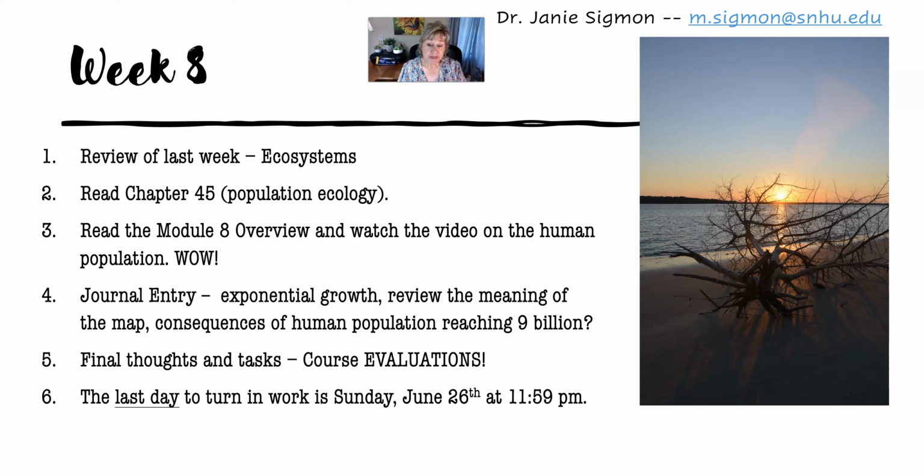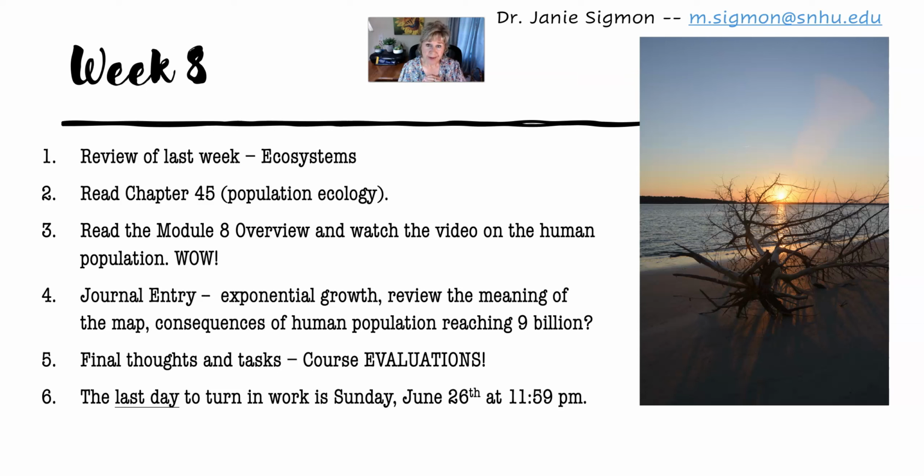The simulation that you're going to watch estimates that by 2050 we will have reached 9 billion people on this planet. You're going to answer some questions in your journal entry about this situation. Is exponential growth sustainable? You're going to find out what exponential growth is, and of course the answer is no, because you just can't keep multiplying.